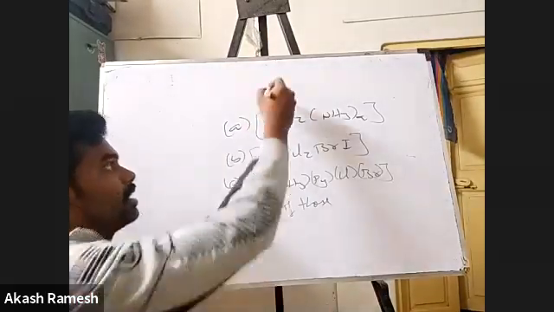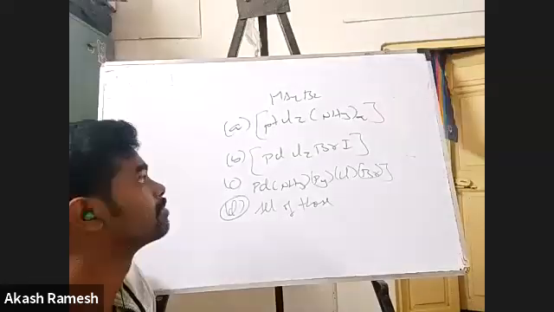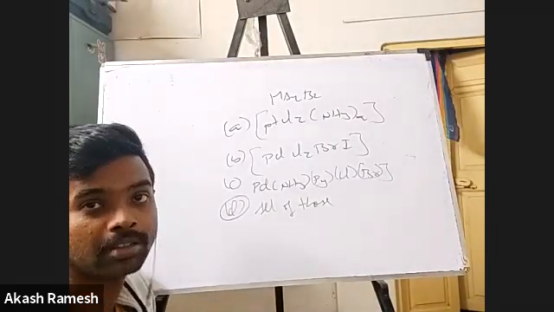Sir, for A, it is Ma2B2, this will show, right? PtCl2(NH3)2, sorry, it's Ma2B2 type. Sir, can you show the structure for Ma2B2?